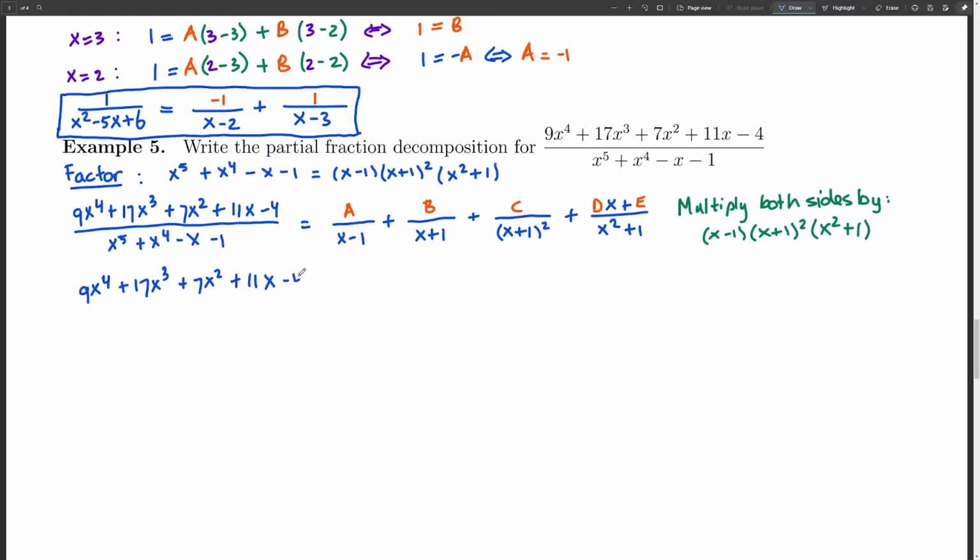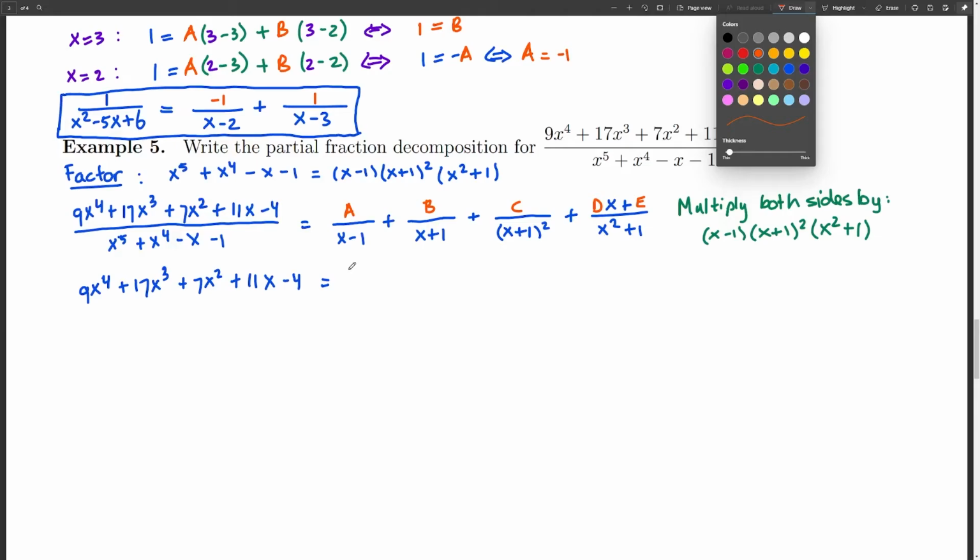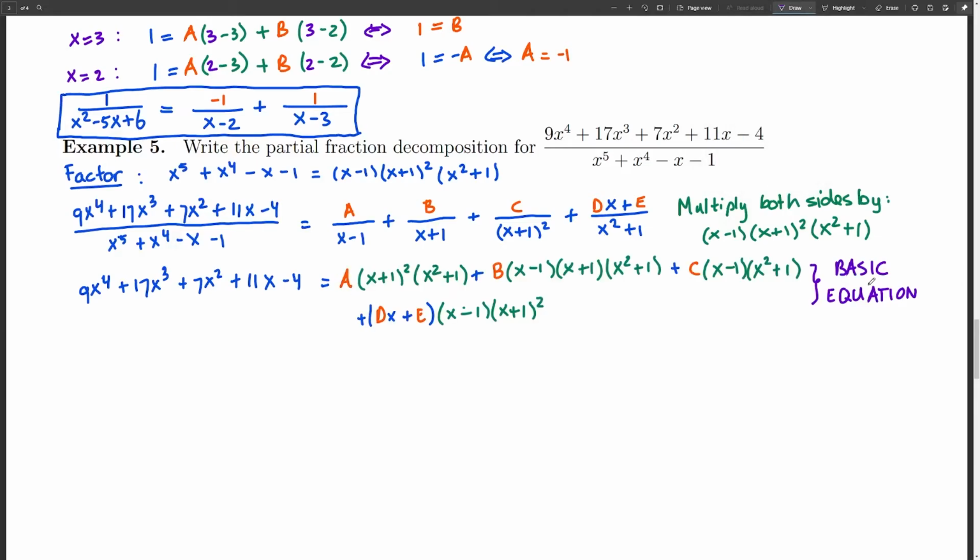And then on the right-hand side, after we simplify some, we get the following expression. Now, pause the video if you need to check the work on this, but this is now our basic equation.